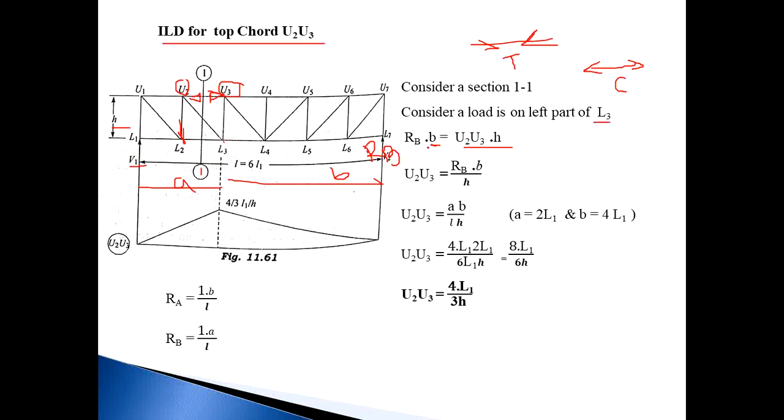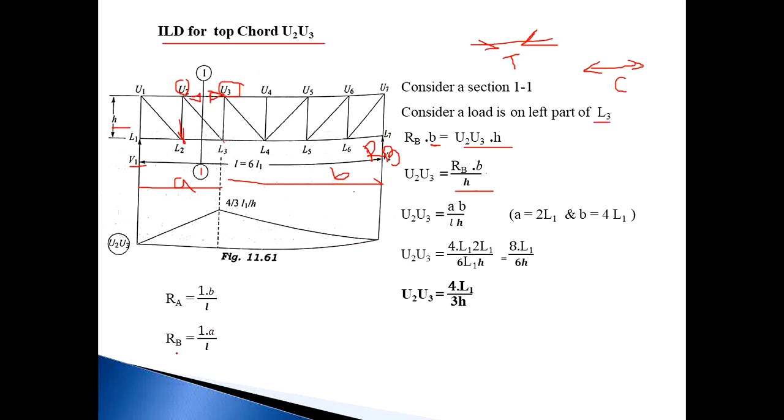So RB into B is equal to U2 U3 into h, so U2 U3 is equal to RB into B divided by h. Whatever the force in member U2 U3, it depends upon the reaction RB, because B and h are constants. So whatever RB is, you can calculate U2 U3 easily.